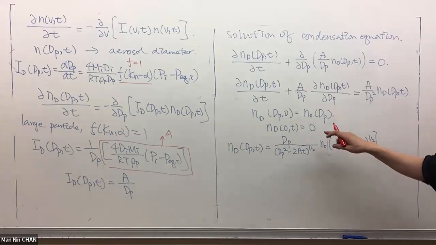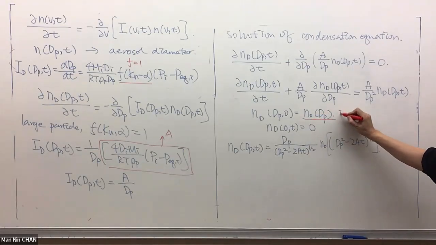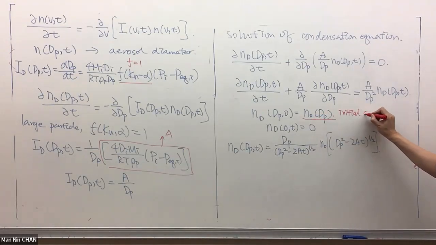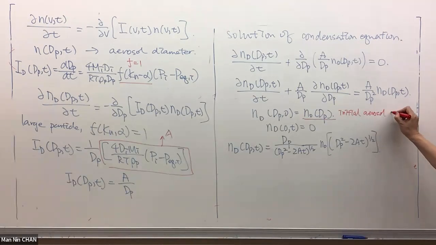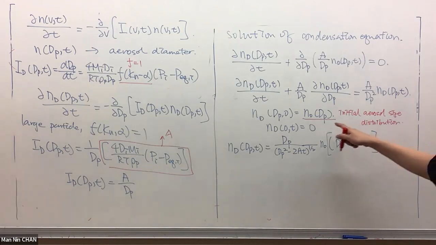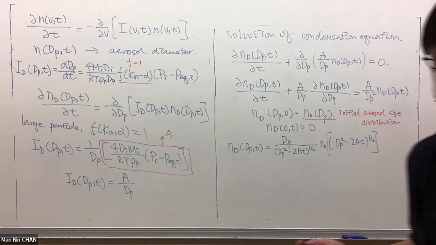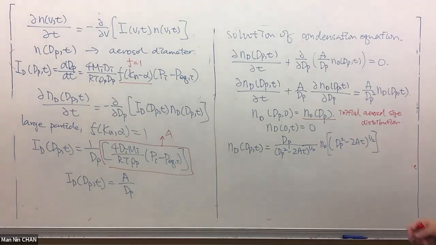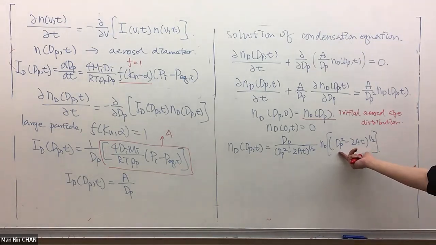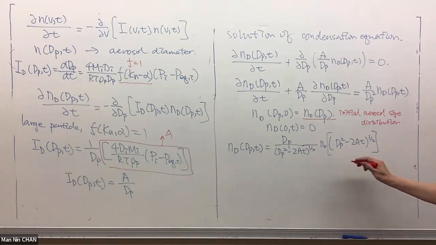And one thing, if you remember, this is N naught, your initial aerosol size distribution, right? So if you assume at the beginning your aerosol is a log normal distribution, you can just substitute this term into your log normal distribution. So now the dP will become this term, and then you substitute it into your log normal distribution.